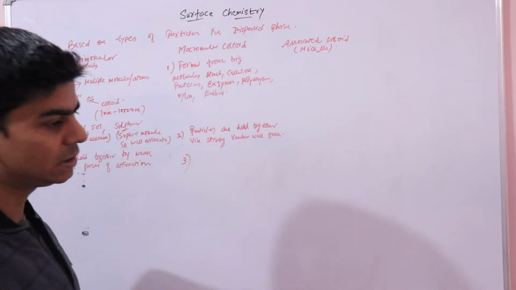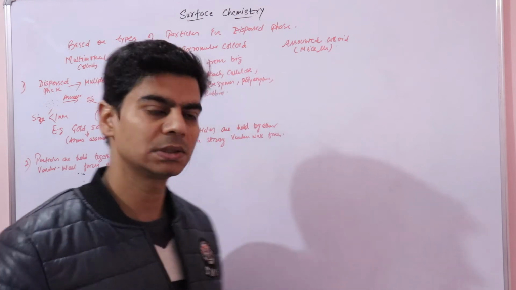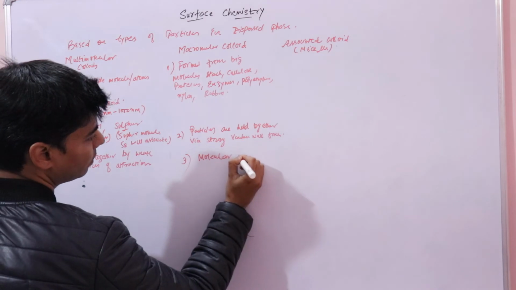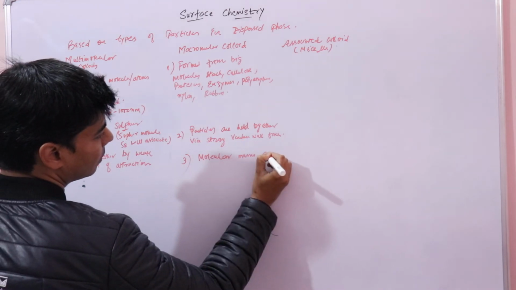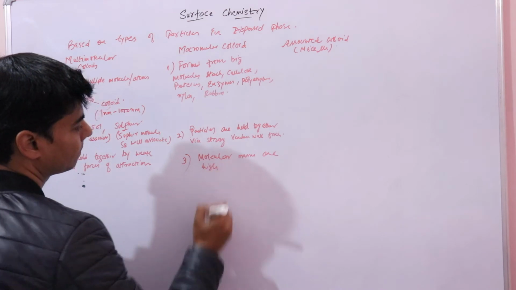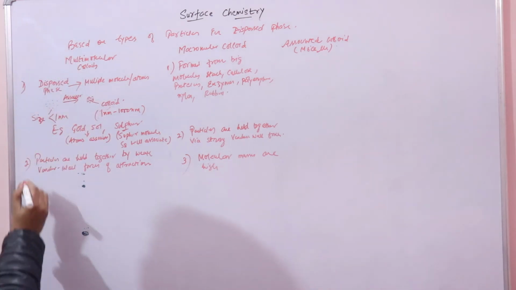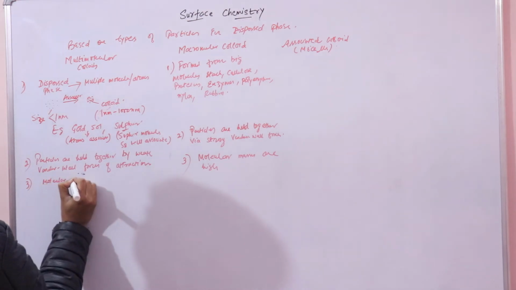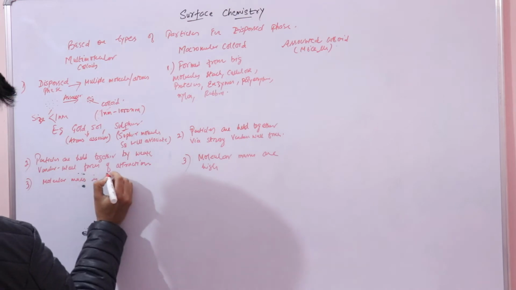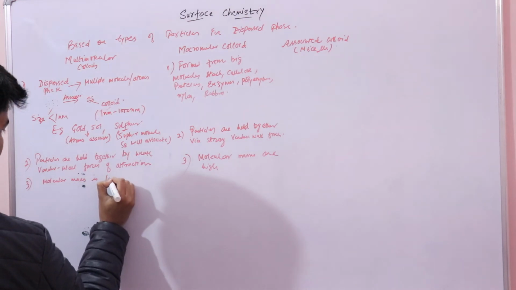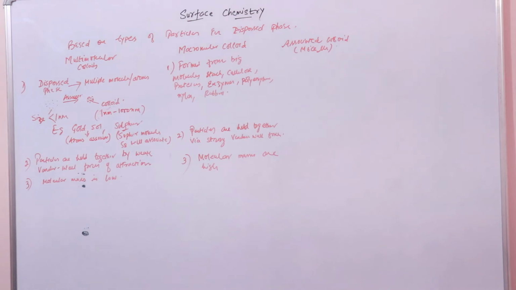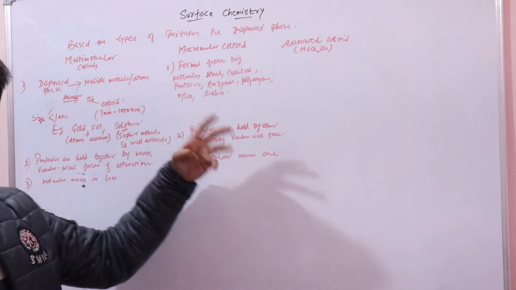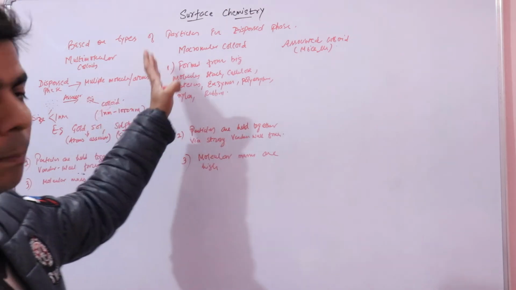And since these are big molecules, their molecular masses are also high, whereas in the other case, molecular mass is low. So these are formed from multiple molecules and atoms, and these are formed from big molecules.